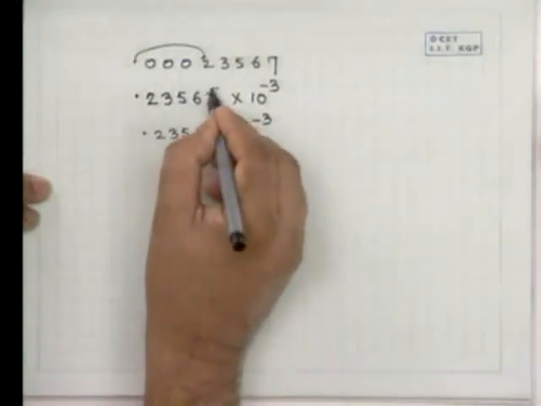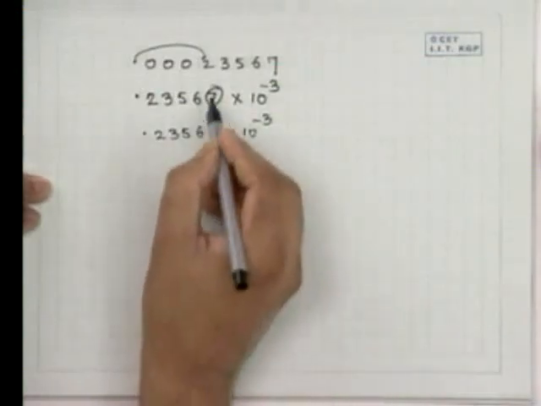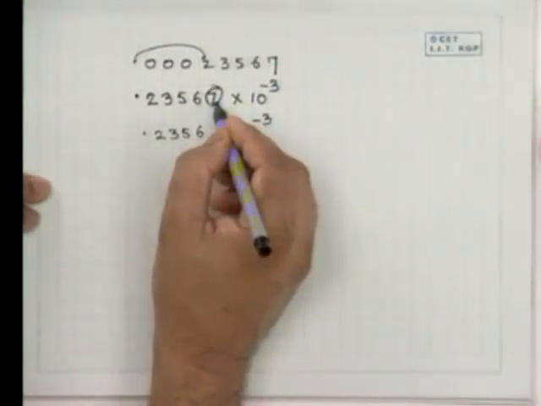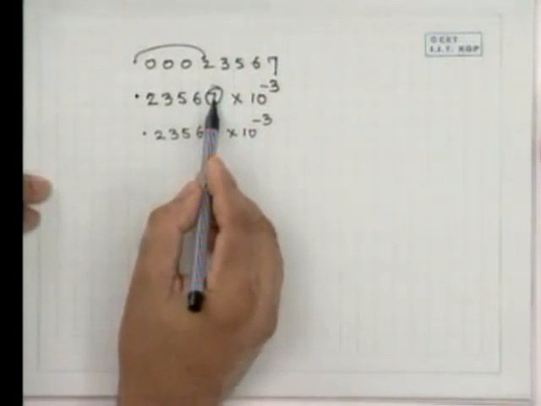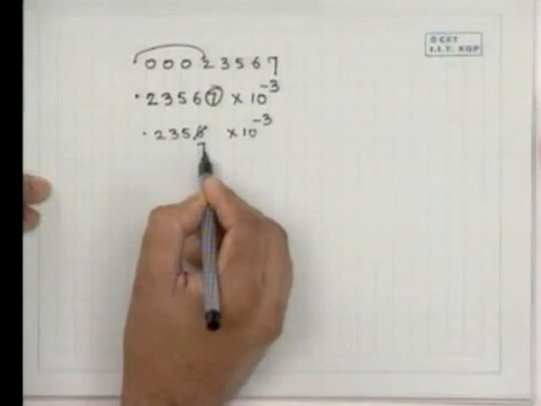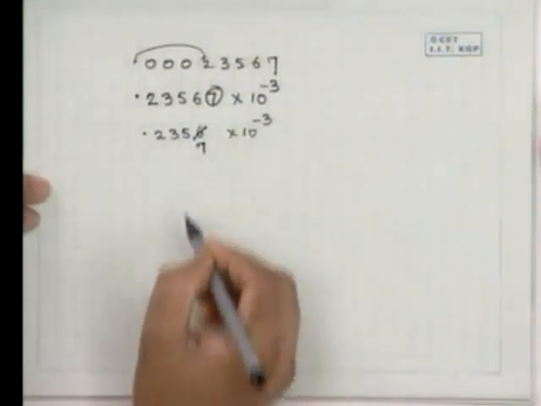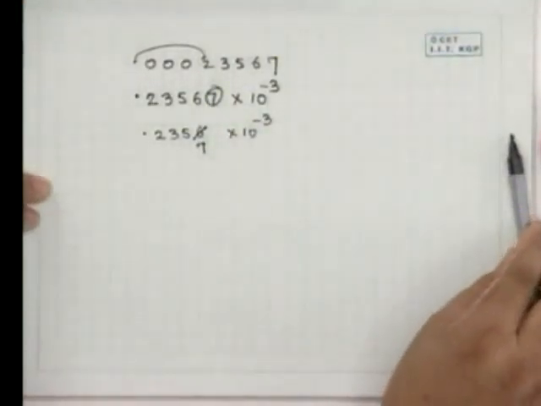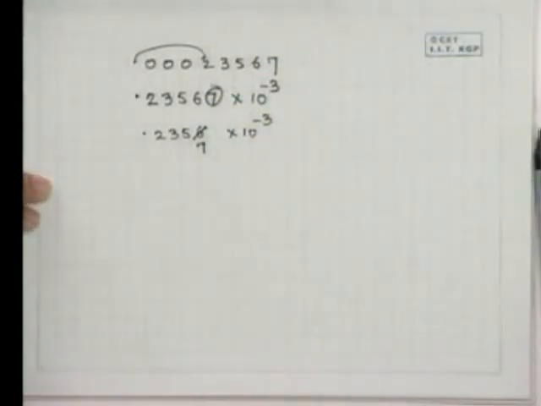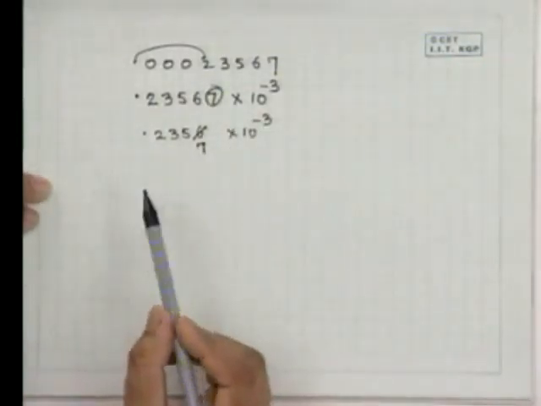When we discard this digit, depending upon the rule that we follow, if it is more than 5, then we increment this by 1 to make it 7. We call it rounding off. This is what we call the normalized representation of a decimal number.